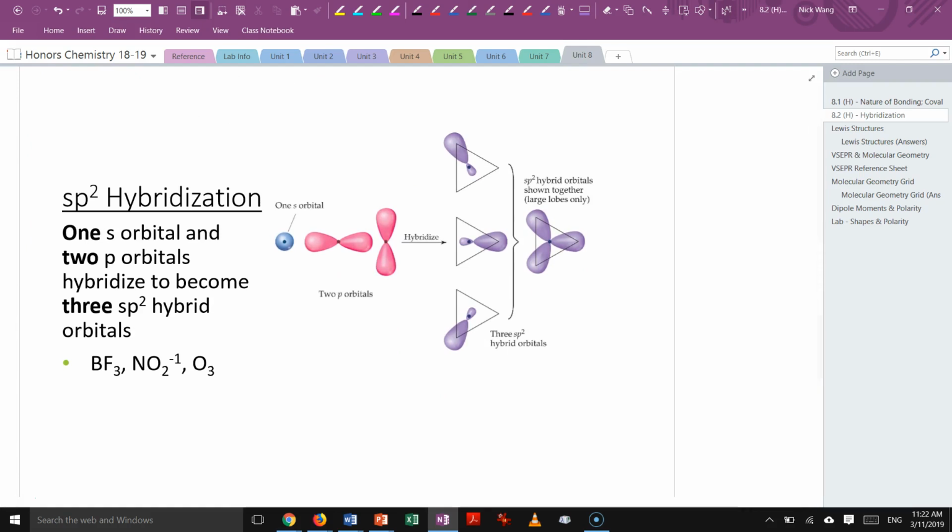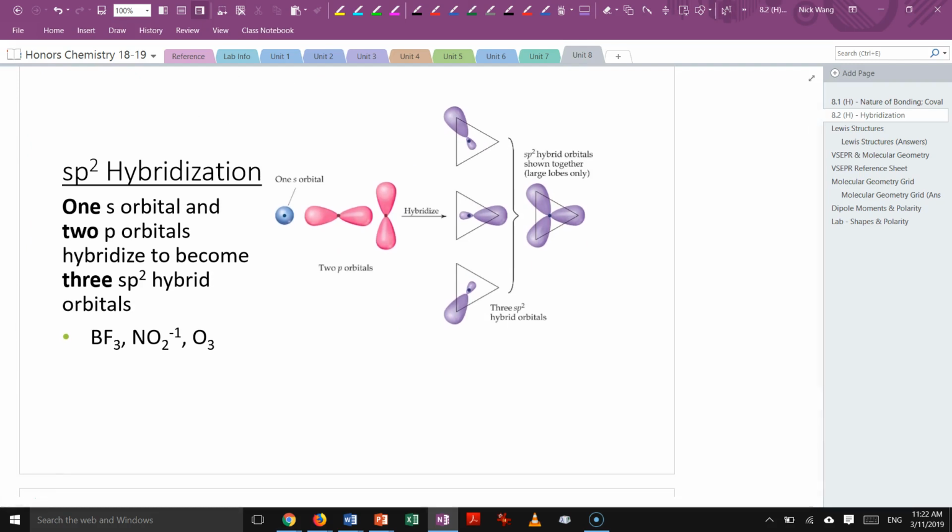As a side example, sp2 hybridization, you can see where this is headed, hopefully. You have 1 s orbital. You take 2 p orbitals. They hybridize, combine, and spit back out as 3 sp2 hybrid orbitals. So what happens here again is that you have a single s orbital, a p and another p orbital. Those are all mashed up together, and then they're spit back out.